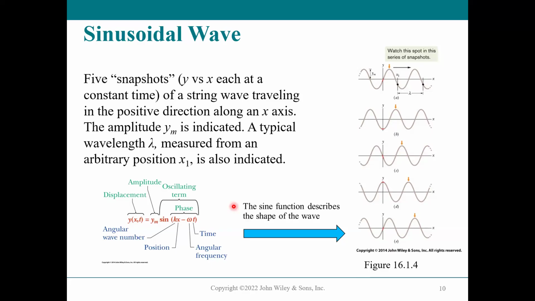So x is the position of the wave, in meters, and t is the time, in seconds. The angular frequency is in radians per second, and the wave number is in 1 per meter.